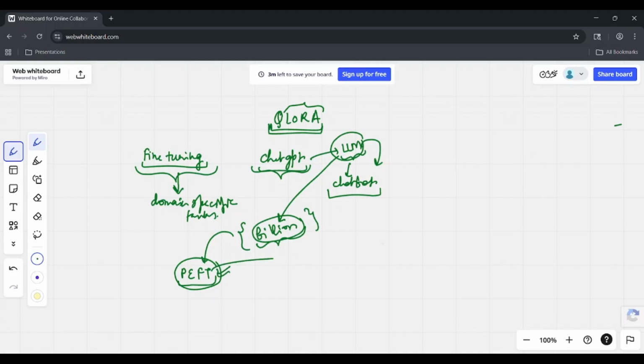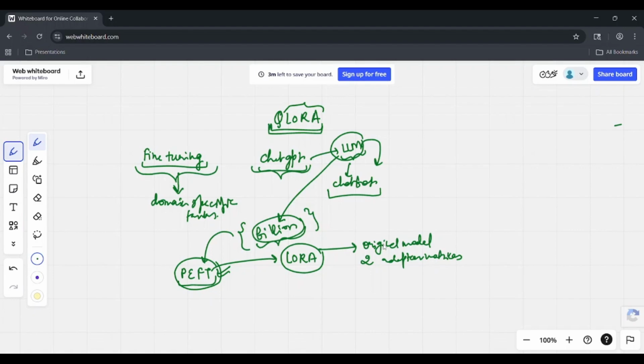And here we covered LoRA. So what exactly do you do in LoRA? You take your original model and you freeze all its weights, and you introduce two small adapter matrices, right? I hope you remember from the last class.